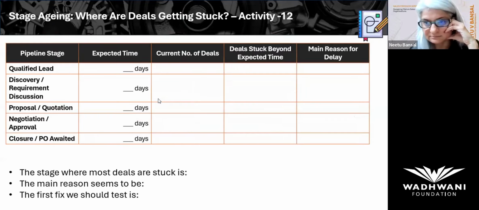You also track that, because quite a few times you will realize that it is the same common reasons. The decision maker has gone off for a holiday. The decision window closes on the 22nd of each month, so they will not release any POs. The next PO will be done only next month.